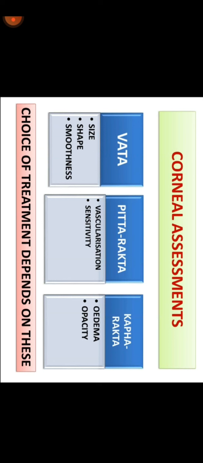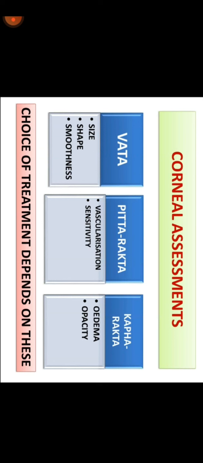And if it is a condition with the Kapha dosha, then the patient will present with edema and opacity. Then go for some tikshna anjana prayoga. If it is edema, which we have already discussed, just go for the vidalaka, having some tikshna drugs or dhanyamla. And for opacity, we can start with lekhananjana.